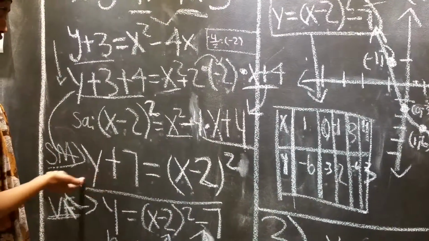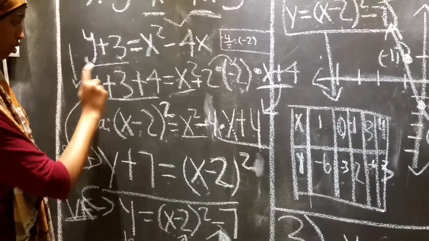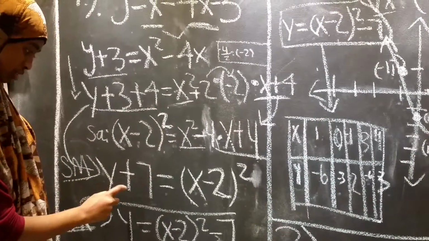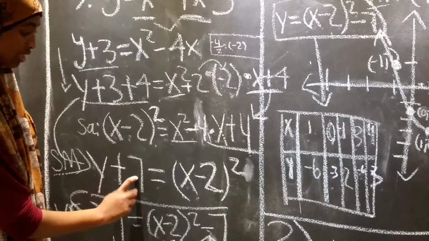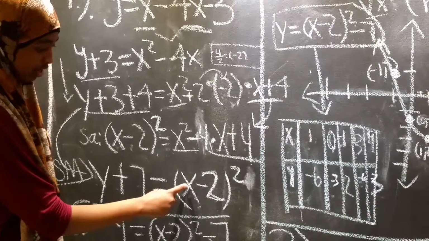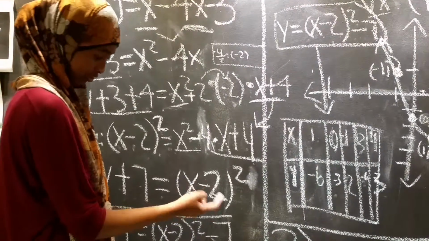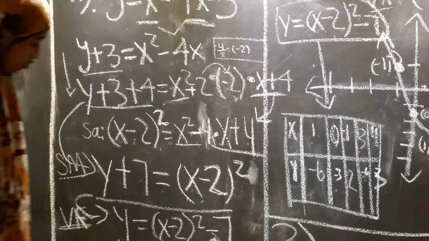You have to add up the previous, which is 3 plus 4 equals 7. So you do y plus 7 equals negative, parentheses x minus 2 squared.